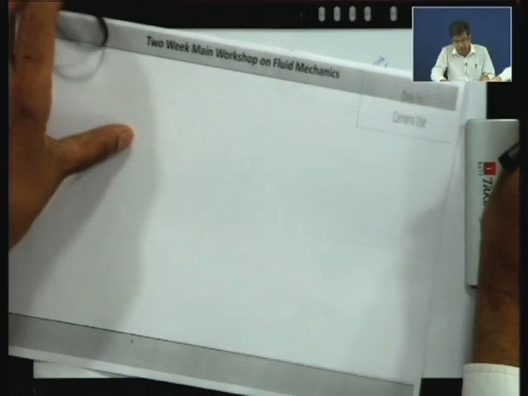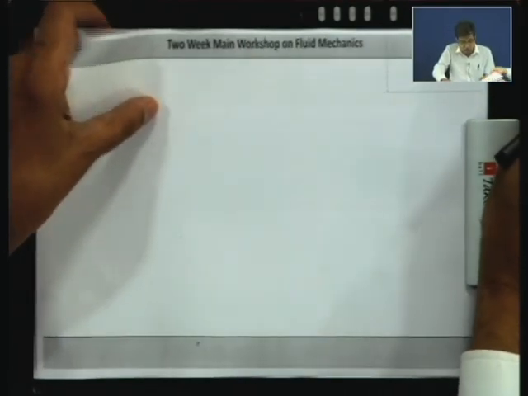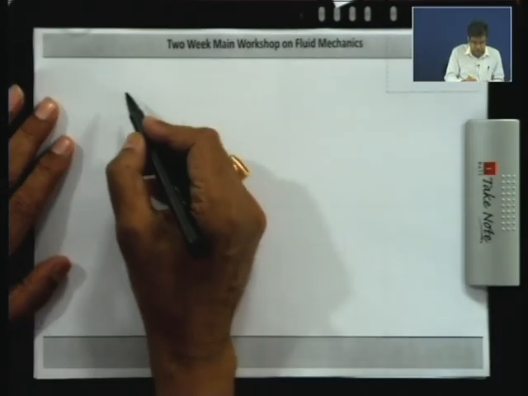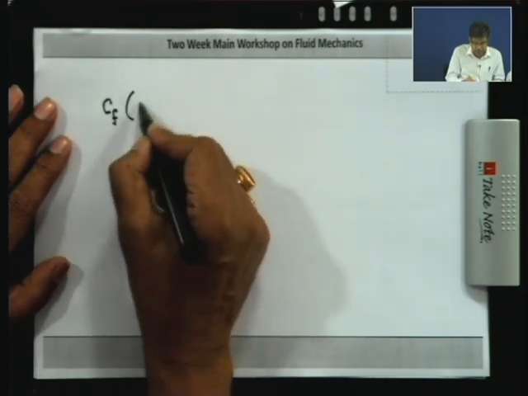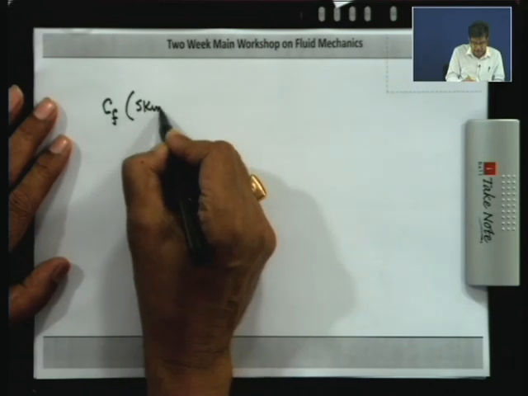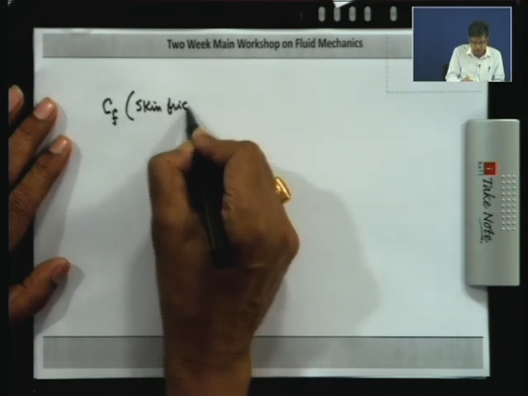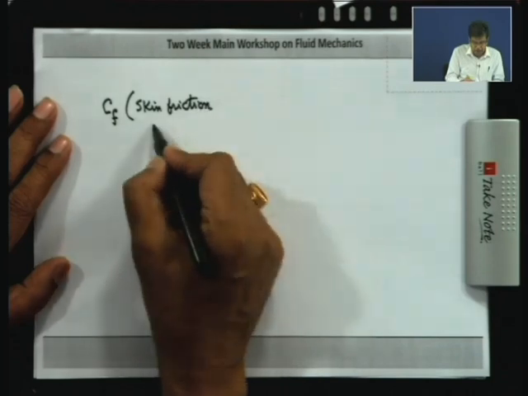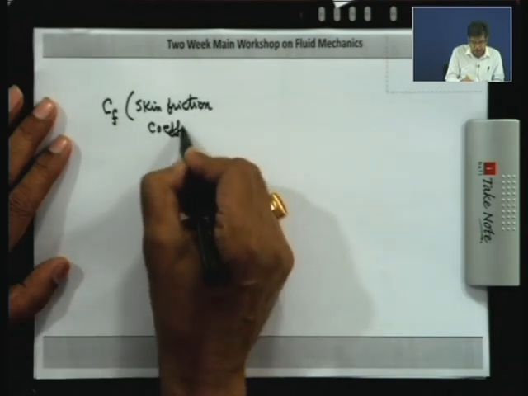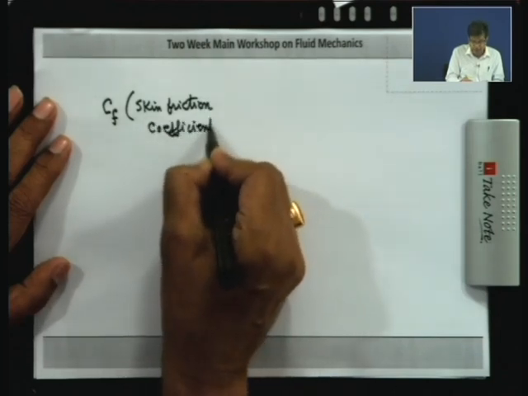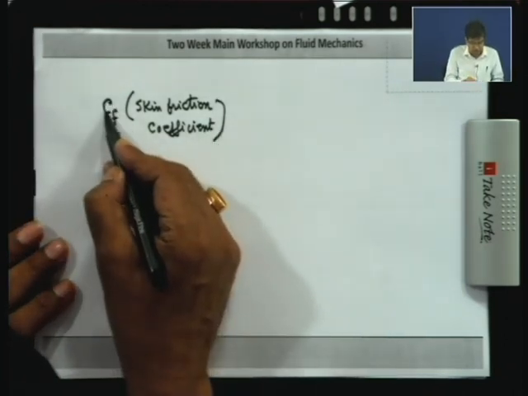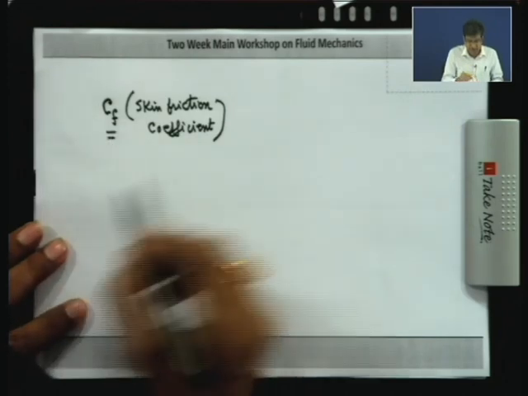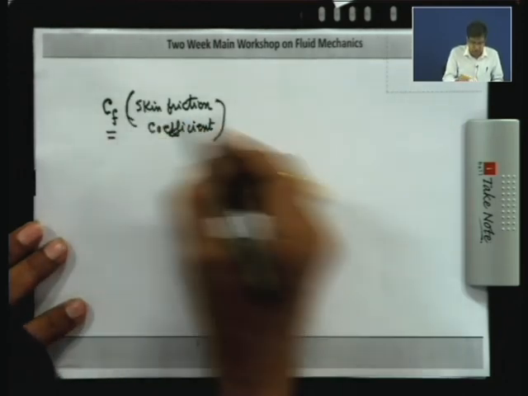Now, a very important piece of information is that we define in fluid mechanics a coefficient CF known as skin friction coefficient, which is defined at a point. In fluid flow, we always define skin friction coefficient at a point, by this.